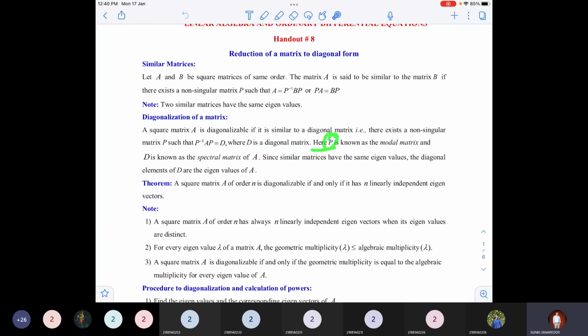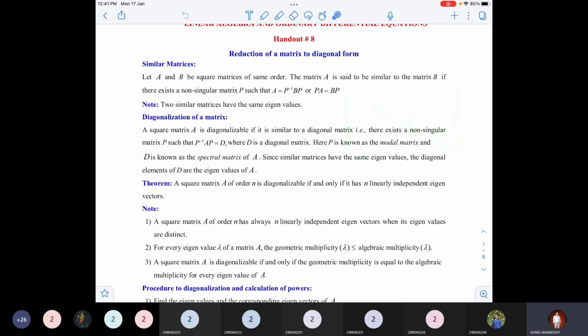Here P is known as the modal matrix, and D is known as the spectral matrix. Spectral means what, Nana? Already we discussed this. Set of eigenvalues. Very good, Nana. D is known as the spectral matrix, which means the principal diagonal elements are the eigenvalues.